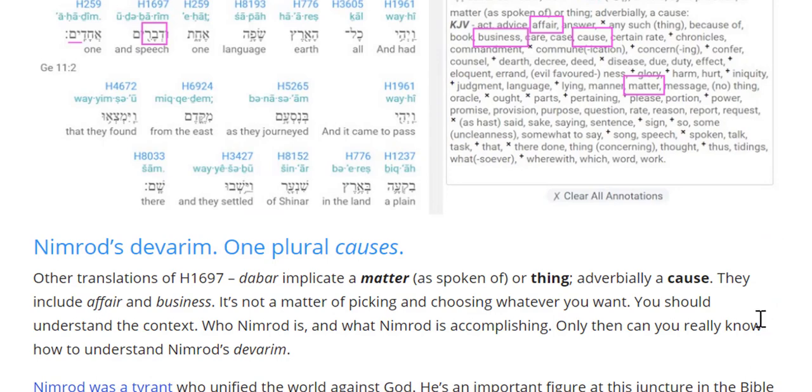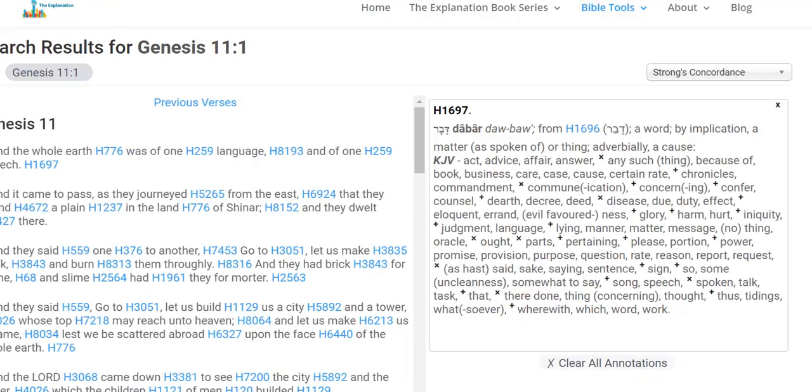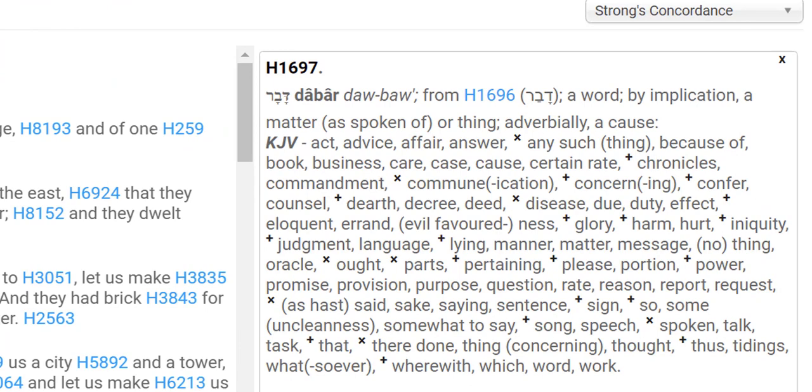Nimrod's Devarim, one plural causes. With the Strong's Concordance view, other translations of H1697, dabar, implicate a matter, as spoken of, or thing, adverbially a cause.